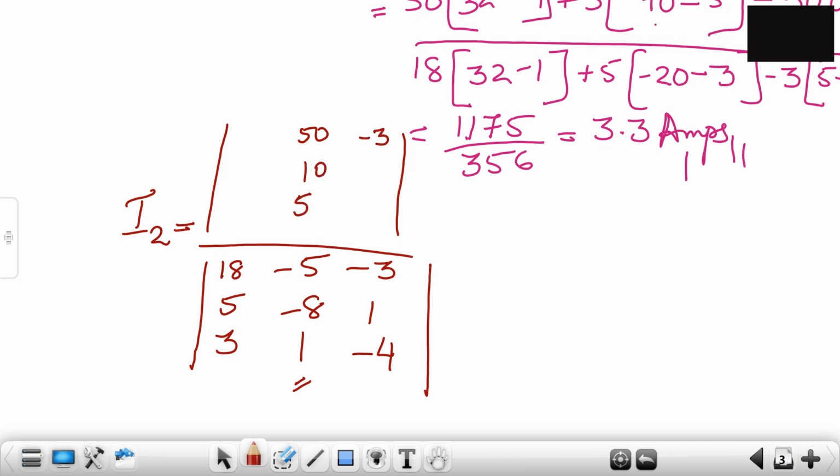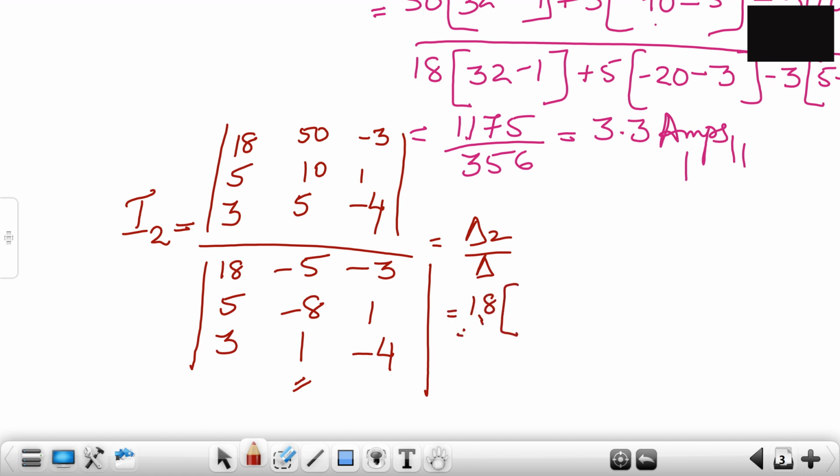The rest of the columns remain the same as the determinant. That is nothing but delta 2 upon delta. So what do you get?